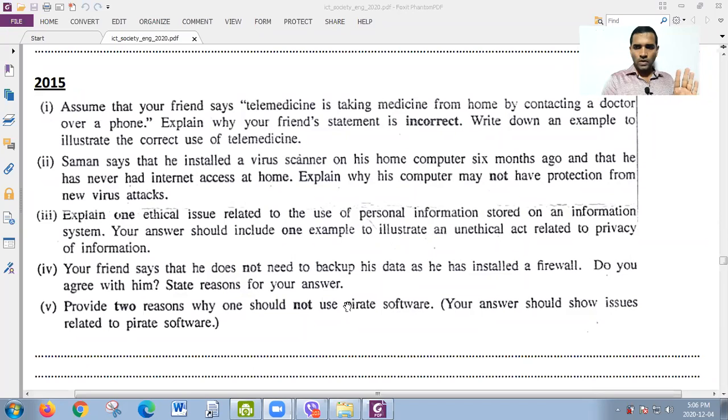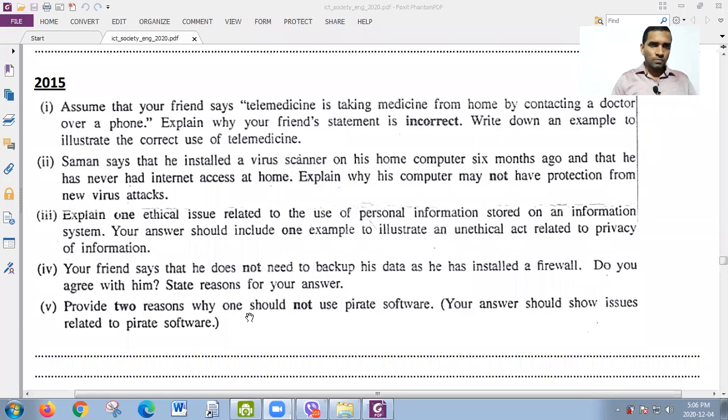So that is one thing, because the question is the reason, right? Why one should not? Because it is unethical. So you can't do unethical things. So that is one reason. Second one, pirated software may have malwares. We discussed, right? When we discussed malwares, we mentioned that we must always use licensed software.